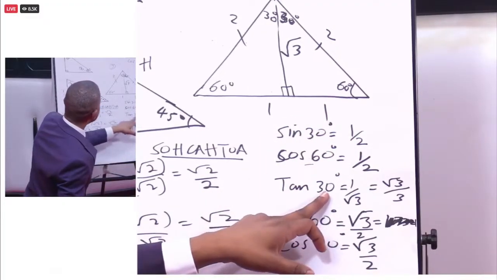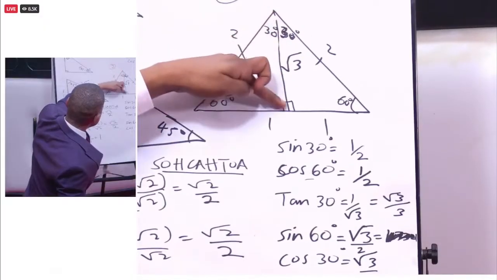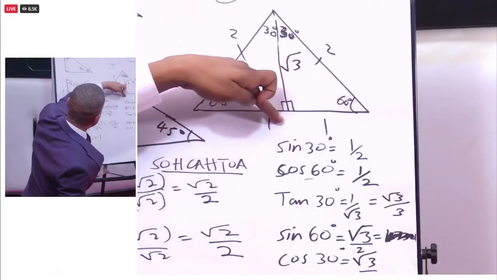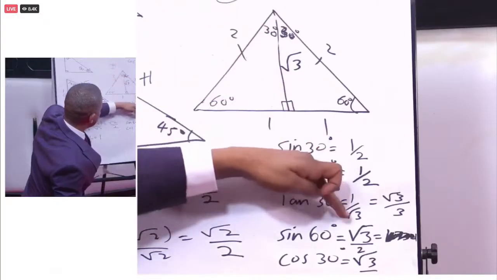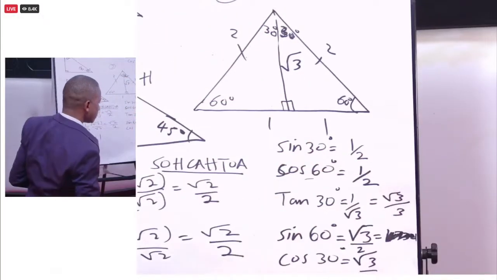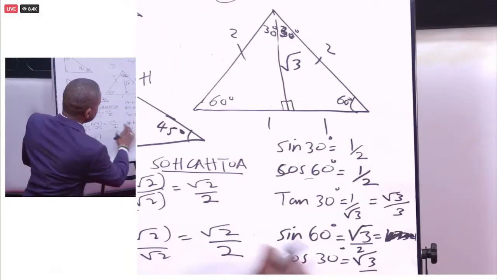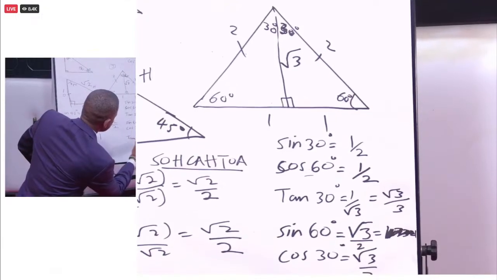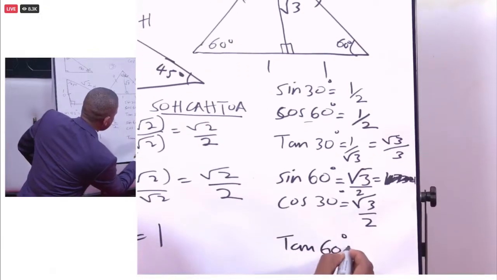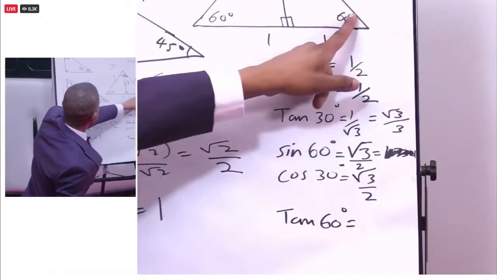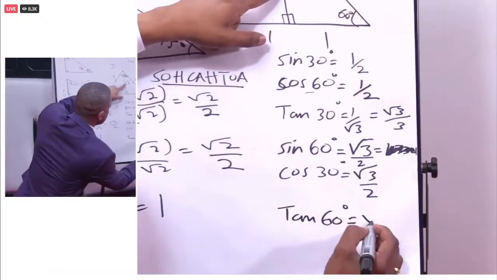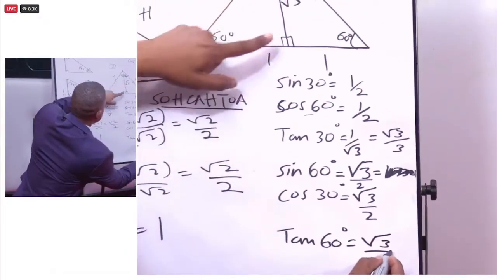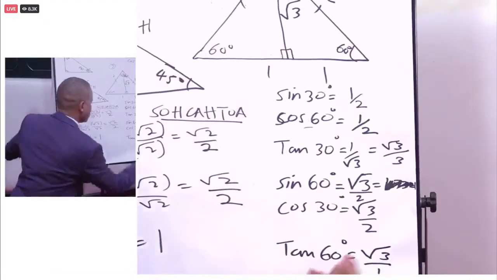What about tan 30? Tan 30, we said, is opposite over adjacent, 1 over root 3, which is root 3 over 3. So this is what we have. Then tan 60. Tan 60 equals opposite, which is root 3, over adjacent, which is 1, which is root 3.